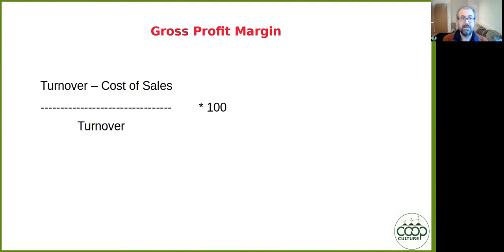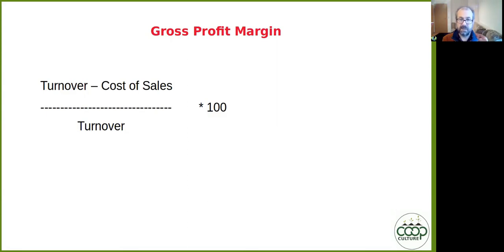As you can see, there are actually only two variables in this formula, which is the turnover and the cost of sales. And the turnover appears twice, above and below the dividing line.